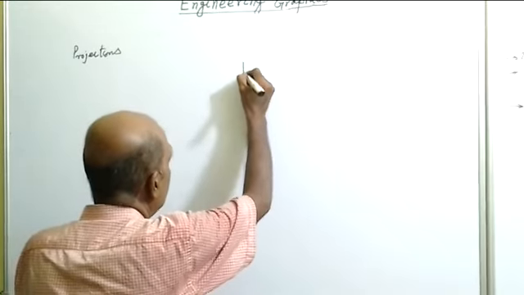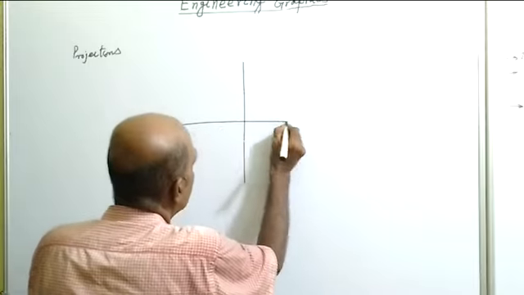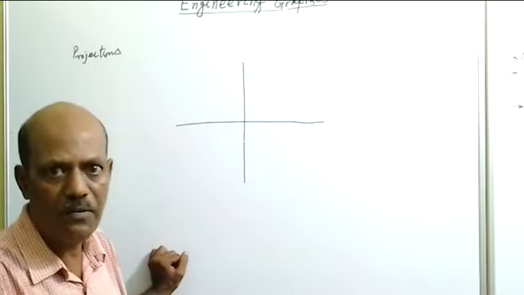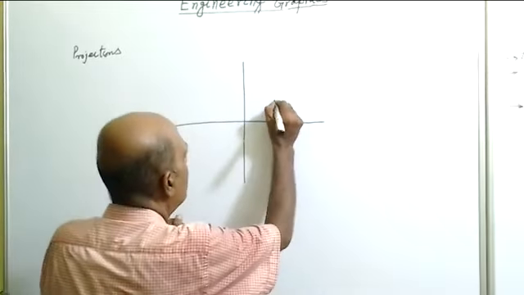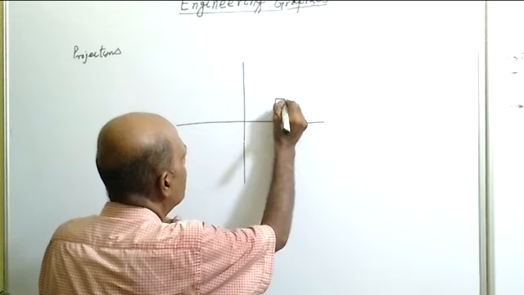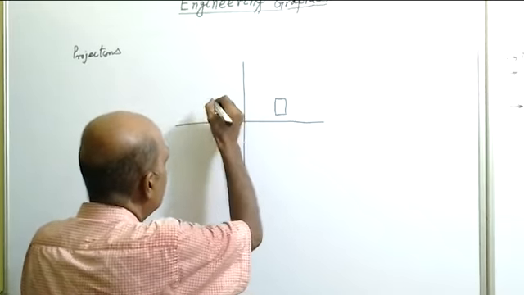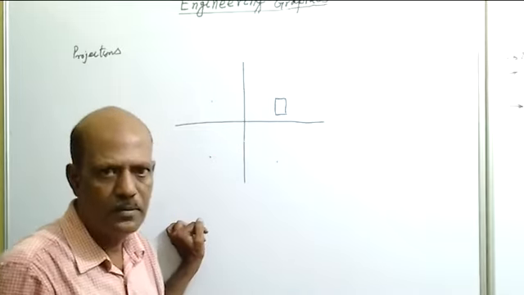Drawing the different views of a component or a part is called projection. So in two-dimensional view, an object may be placed in the first quadrant, second quadrant, third quadrant, or the fourth quadrant.